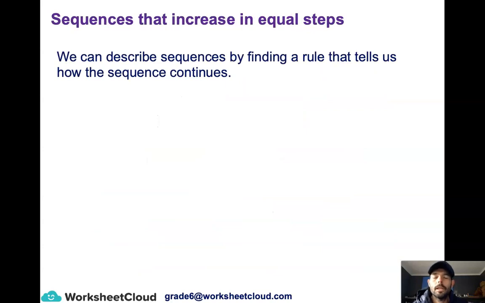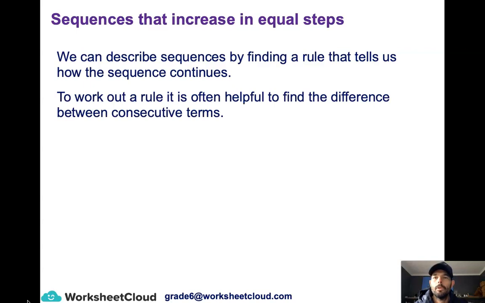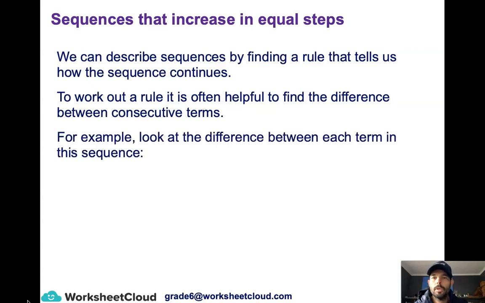So, sequences that increase in equal steps. We can describe these sequences by finding a rule that tells us how the sequence continues. To work out the rule, it's really helpful to find the difference between consecutive terms. Remember, consecutive terms are terms that occur one after each other when the sequence is in order.